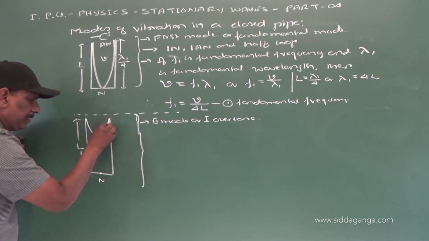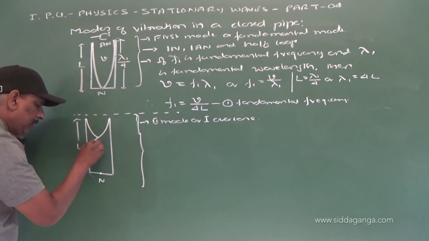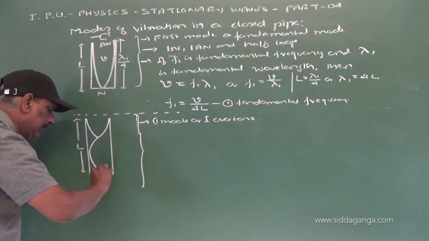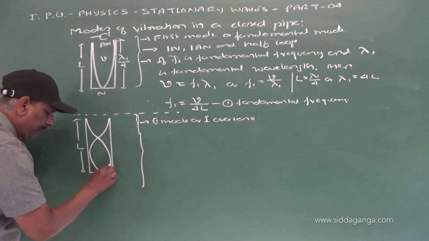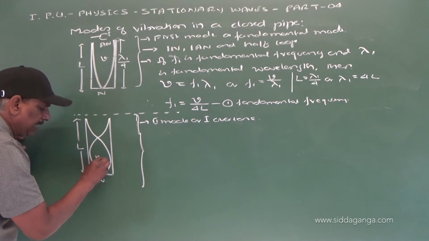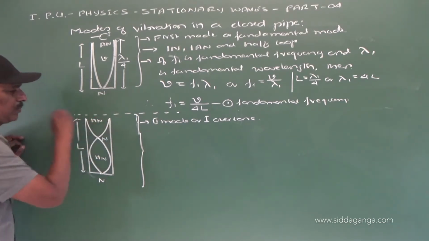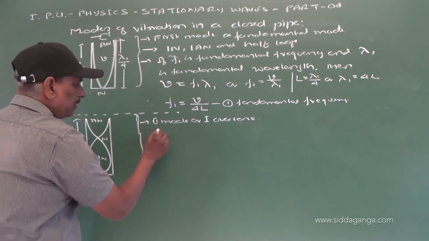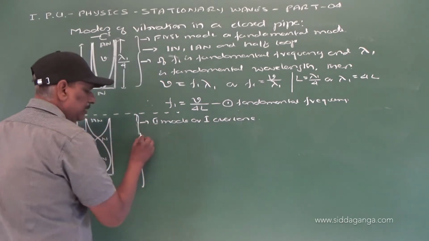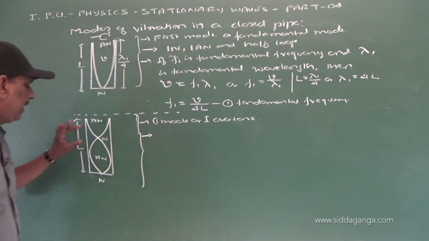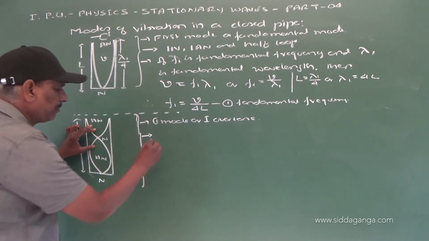Again between two nodes there is an antinode. So how many nodes and antinodes are formed?